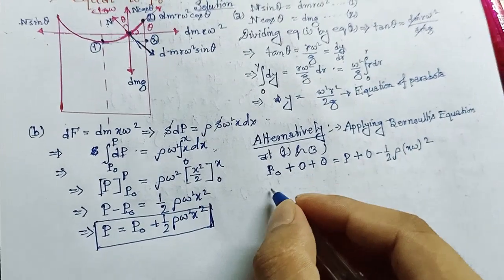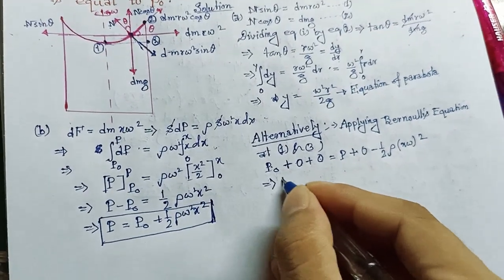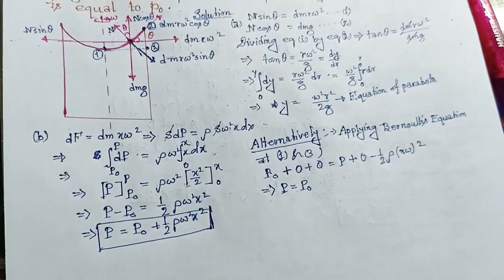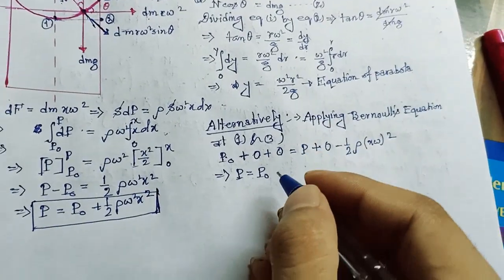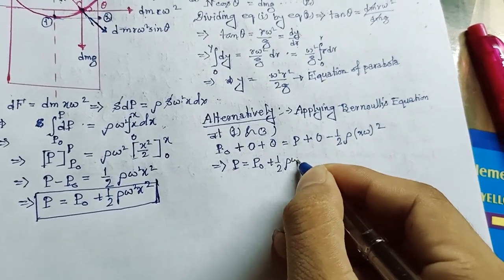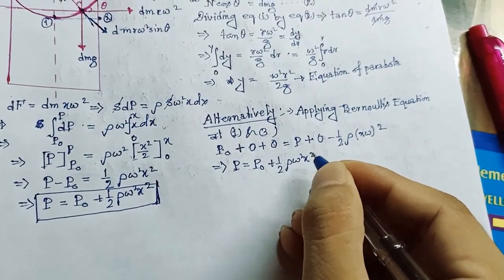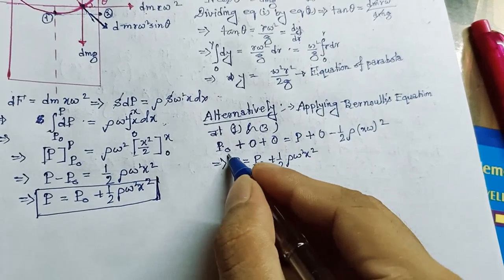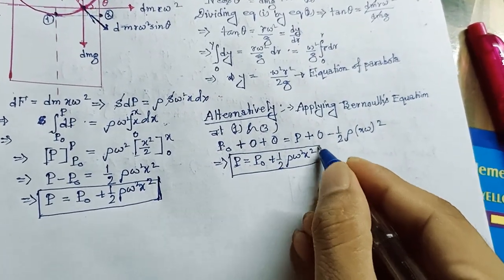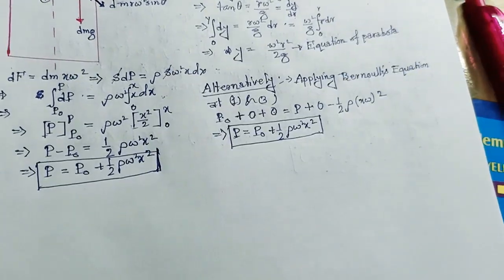So from this equation we can write p equal to p naught plus half rho omega square x square. So this is our equation for finding the pressure variance due to rotation.